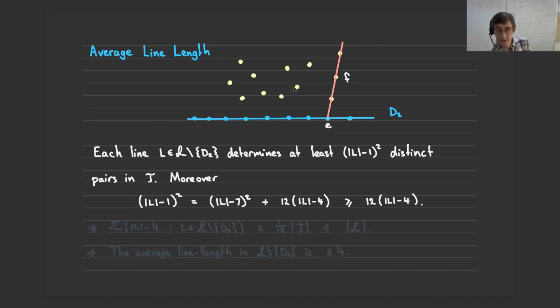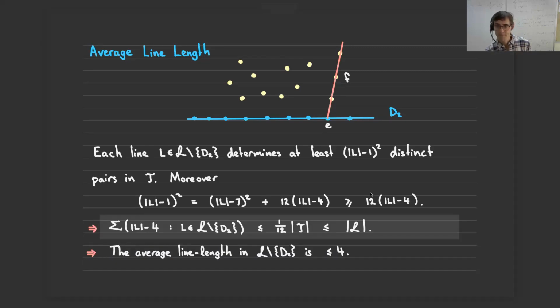And now I just need this inequality here, which is just simple algebra, that the size of L minus 1 squared is at least 12 times the size of L minus 4. So now what I'm going to do is sum up over all of the lines except for the longest line, the size of L minus 4.